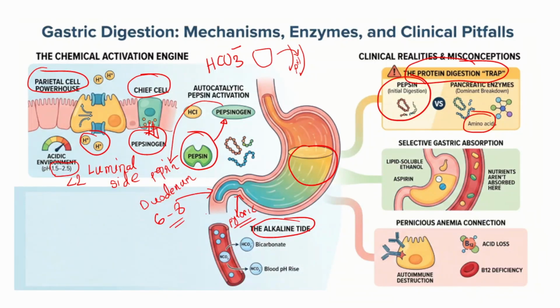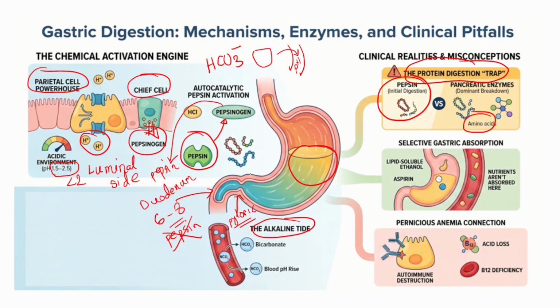This rapid shift in environmental condition causes the pepsin enzyme to undergo irreversible denaturation, which permanently inactivates pepsin. To regulate this transit, we establish the enterogastric reflex, a neural and hormonal feedback loop triggered when fat, acid, or hypertonic chyme enters the duodenum, which acts to slow gastric emptying.